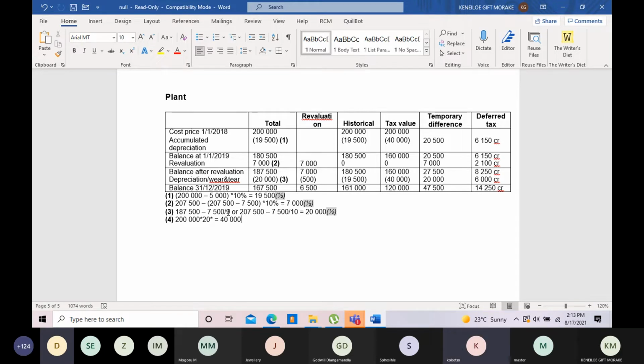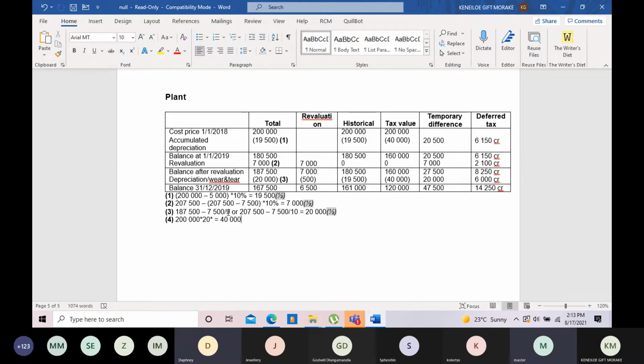Can you please do the calculation where you get the 187? I don't understand it. I see the 180,500, but I don't see where the other 187 comes from.